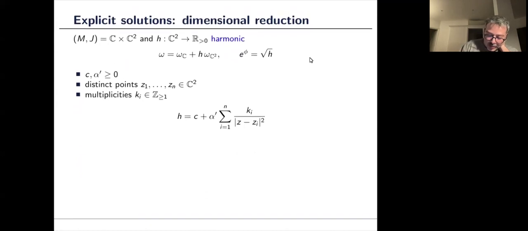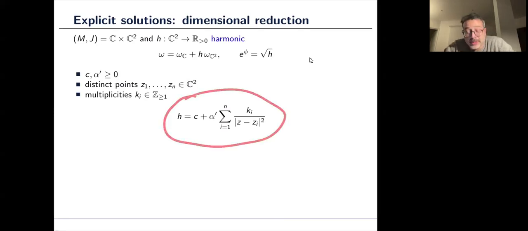And a positive harmonic function on an open set of C2, there aren't very many choices. If the function is defined on the whole of C2, then it must be constant. Otherwise, the simplest thing that one can do is allow isolated singularities at a finite bunch of points, and then the choice of harmonic functions is just given by this.